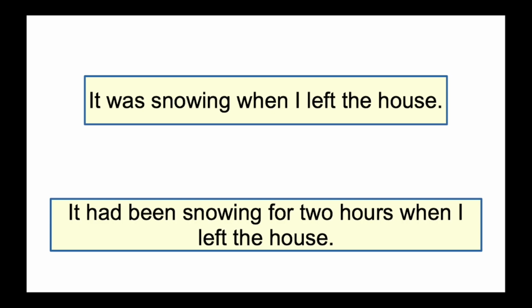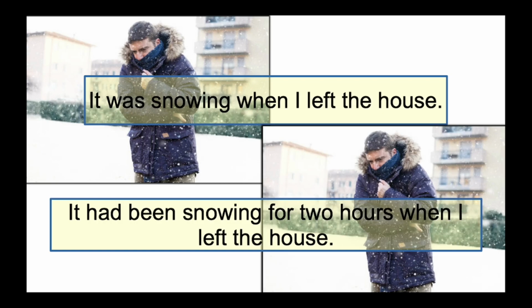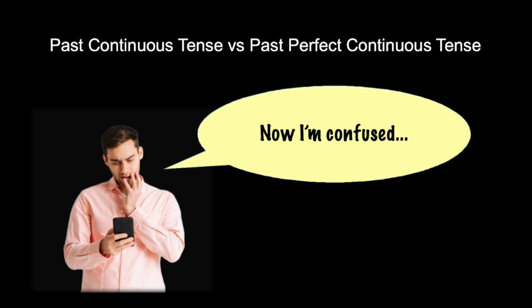The thing is, both the past continuous tense and the past perfect continuous tense can be used to talk about actions that were in progress at a certain point in time in the past. So now you're probably thinking, okay, everything was pretty clear up until this point. Now I'm confused. So what's the difference?